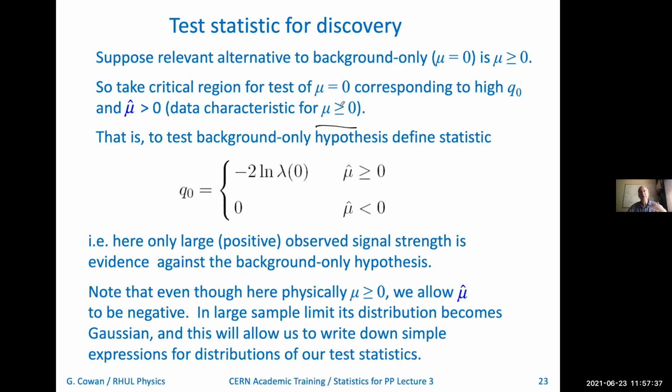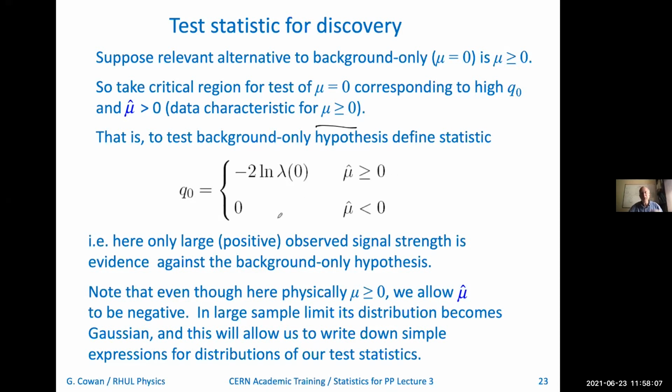And so in order to define the p-value to reflect that, here's the definition I use. I will define a statistic q0 to be -2 times the log of this likelihood ratio lambda of 0, right? Because I'm testing mu equals 0. But I'll assign that value only if I see an excess of events relative to the background-only hypothesis. And that would be reflected by having the MLE mu hat greater than or equal to 0.